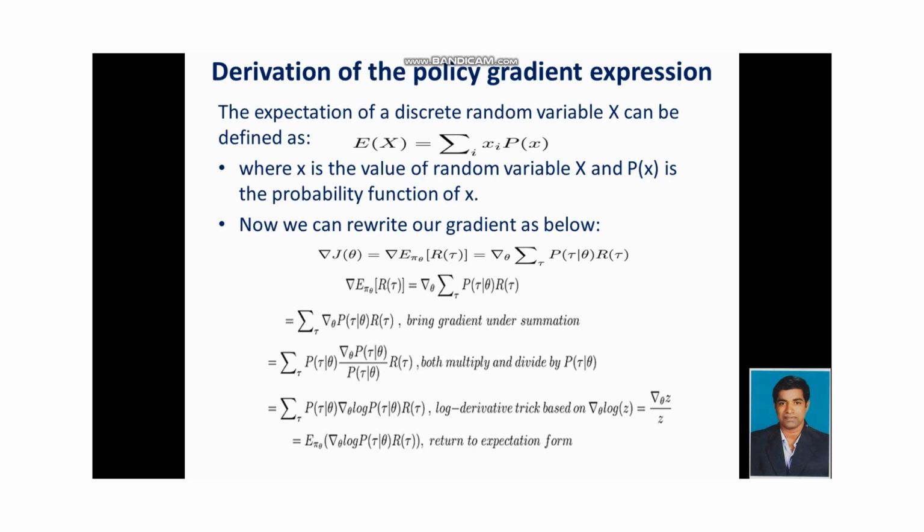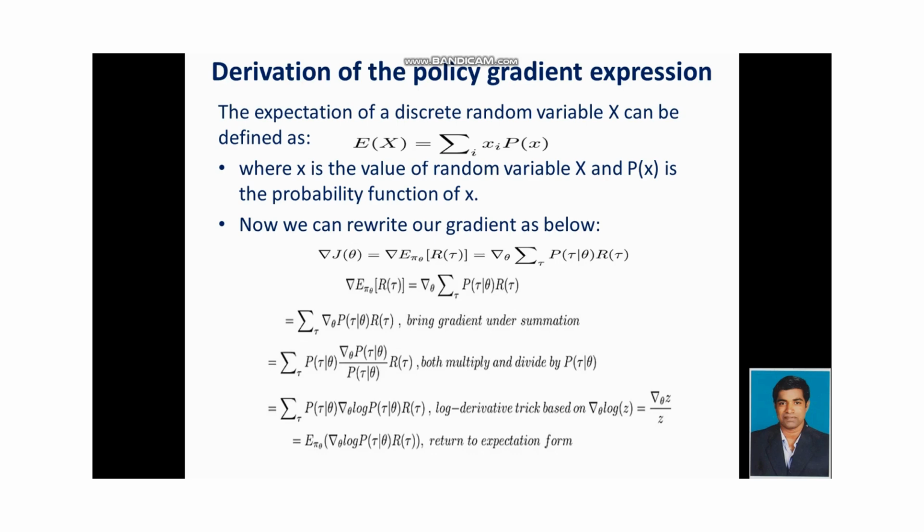Derivation of the policy gradient expression. The expectation of a discrete random variable x can be defined as the expectation of x equal to the summation over i of x_i times p of x_i, where x_i is the value of the random variable x and p of x is the probability function of x.